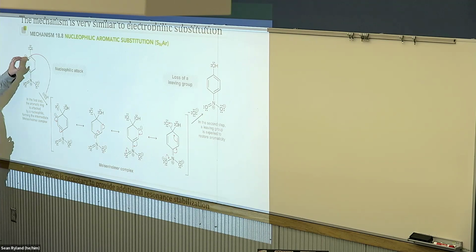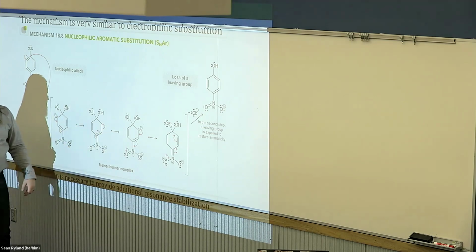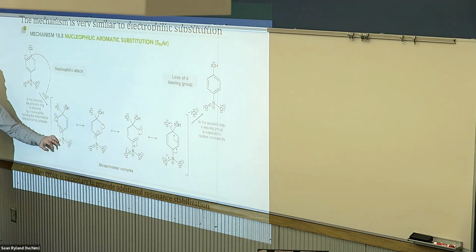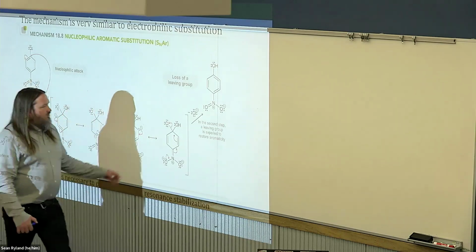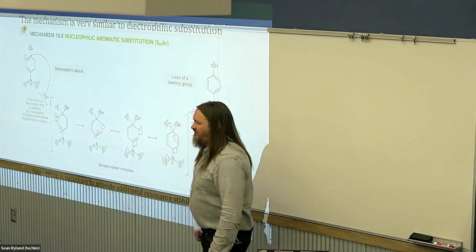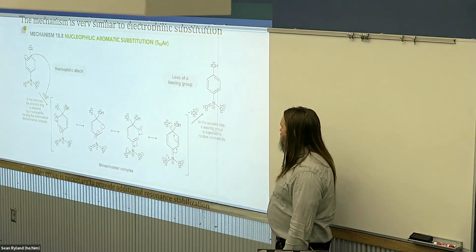We break a pi bond, one of the 3 pi bonds here, and then we can resonate that charge around. And then having the nitro group or strong electron withdrawing group there means we can resonate some of that charge into your electron withdrawing group. And then just like before, we kick one of these 2 groups off to restore the aromaticity.